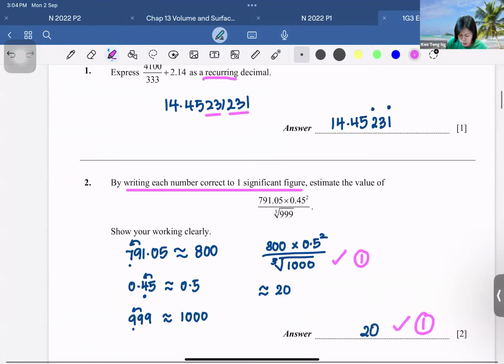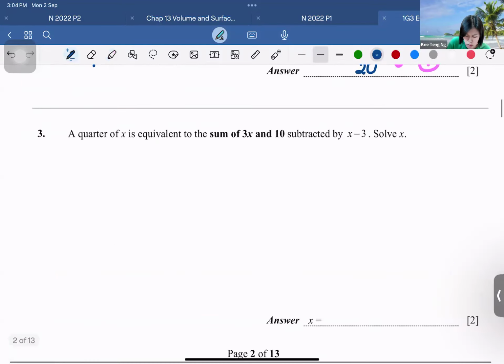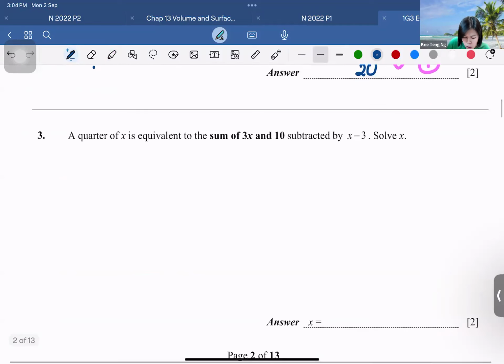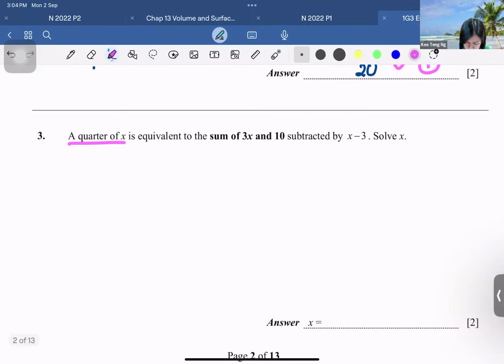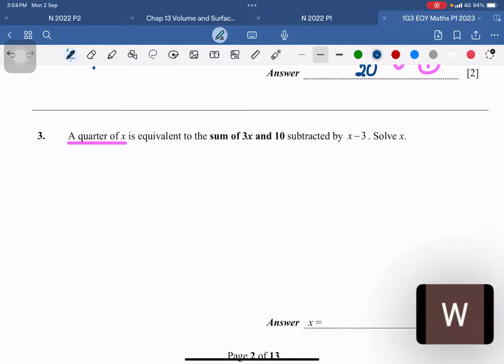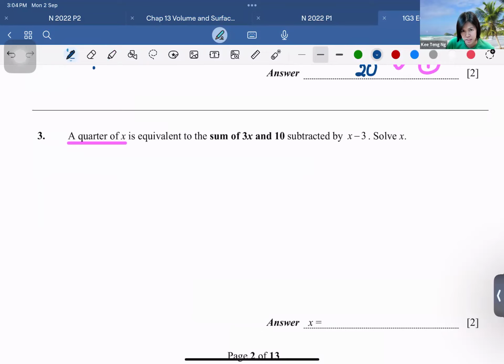Next question. This one, simple word problem. A quarter of x. Anyone can tell me what's a quarter of x? Come on. What's a quarter of x? Very simple. 0.25x. Oh, you prefer decimal.